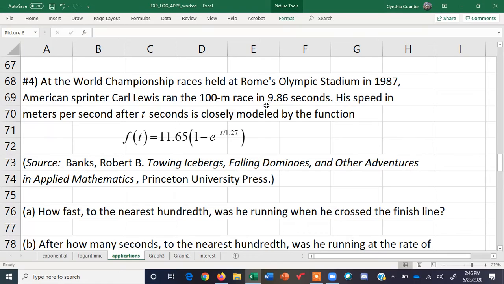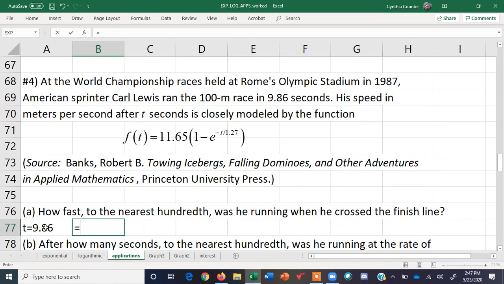Well, we're told he crossed the finish line in 9.86 seconds, so t will be 9.86, and we can figure out his speed. So right here, I will remind us that t is 9.86 seconds.